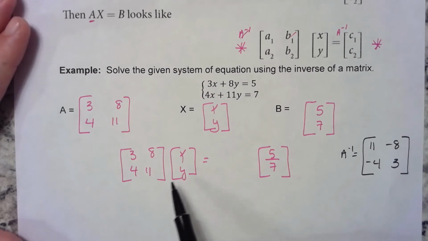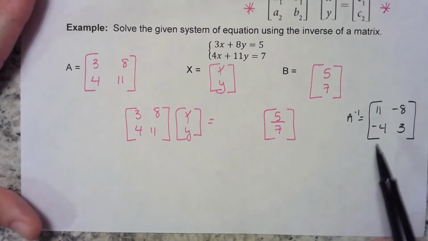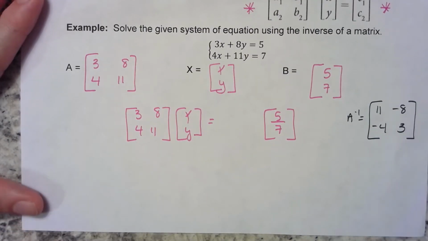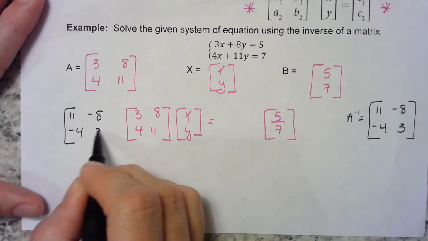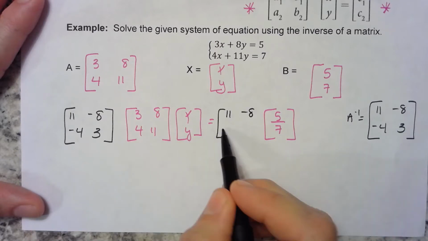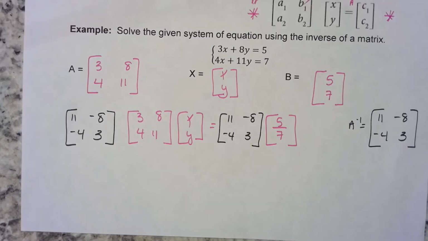To solve this matrix equation, you multiply both sides by the inverse matrix. Now remember, the placement is important. It needs to go in front of both sides.